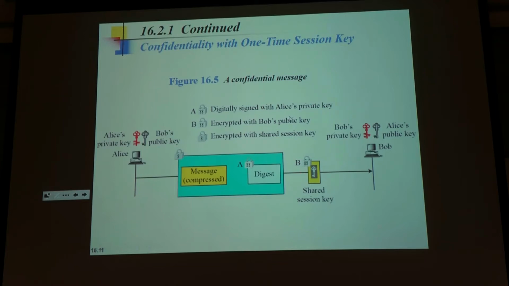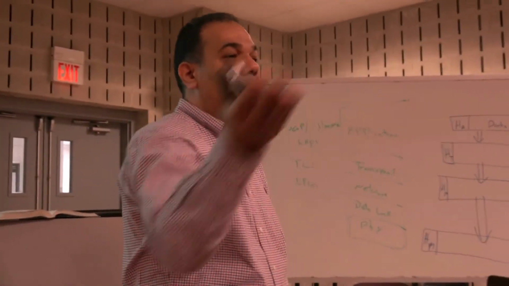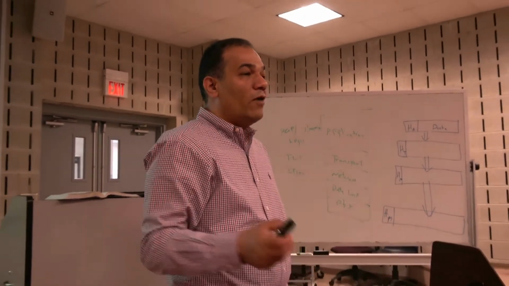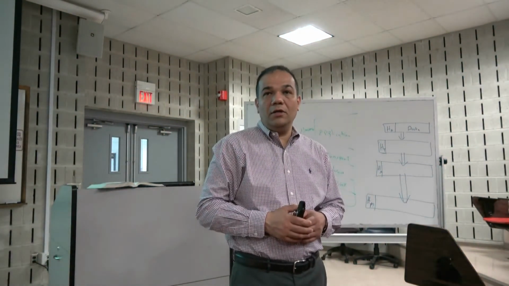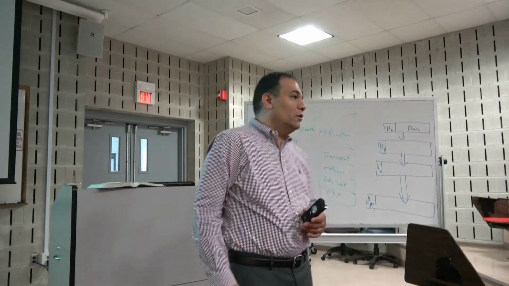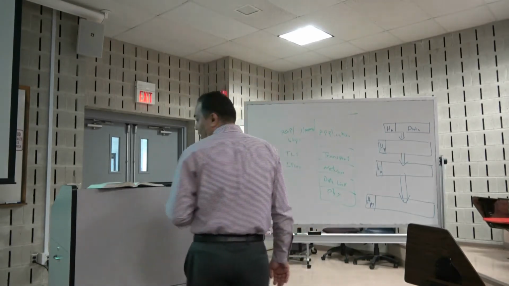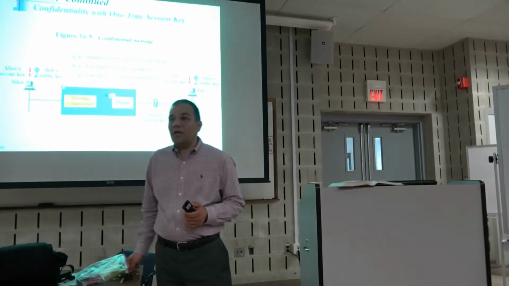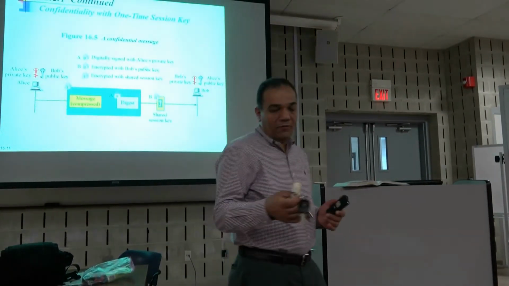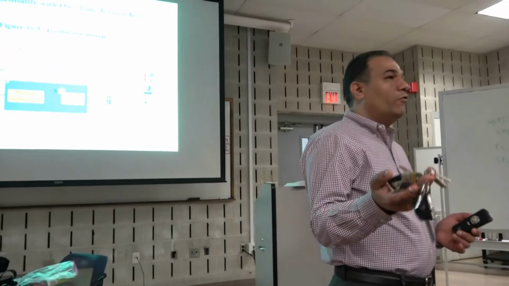So if I need to send you an email, I have to know the public key of all of you. So I have to have a ring with all the public keys, right? If I have to have access to many offices in this building, I have to have a ring with a key for each office, right?